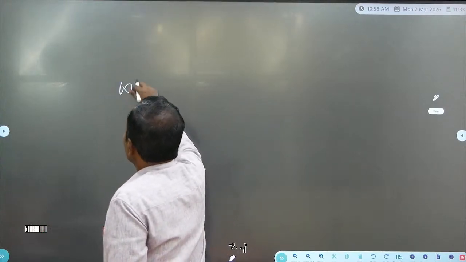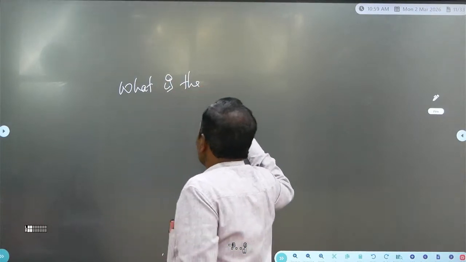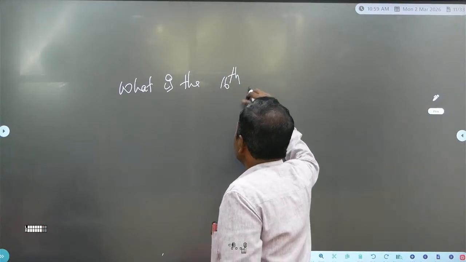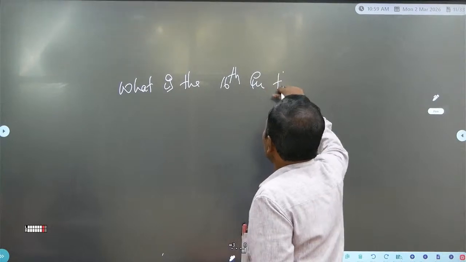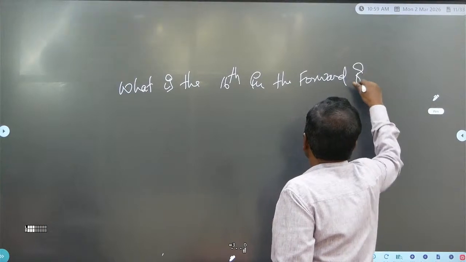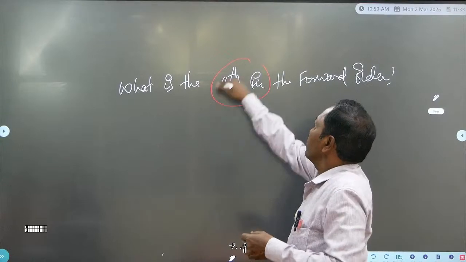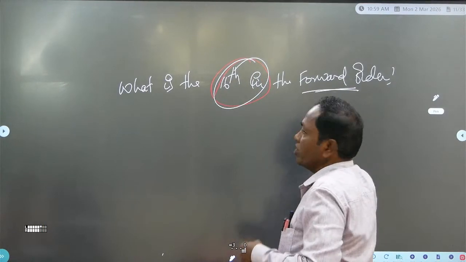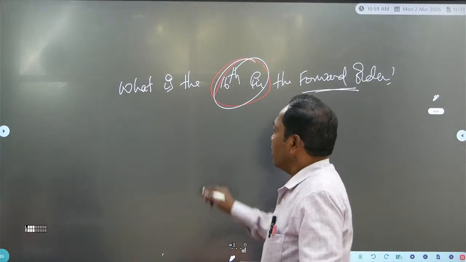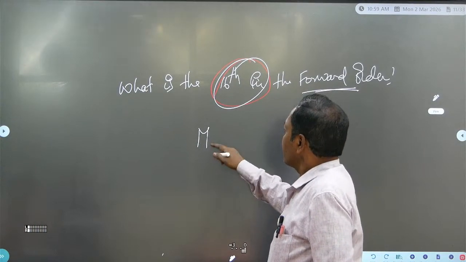What is the 16th letter in the forward order? You need not write from A, B, C, D, but we know up to M is the 13th letter.